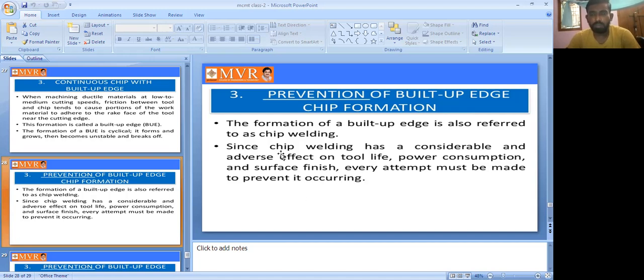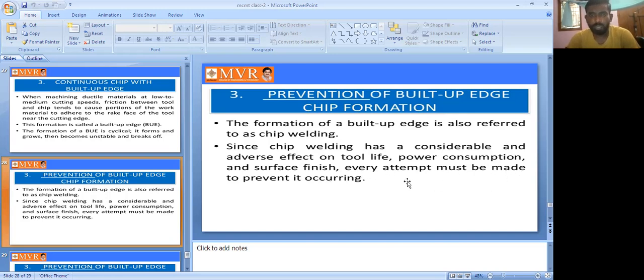So see here, these are some of the preventions for built-up edge chip formation. The formation of the built-up edge is also referred to as chip welding. That is the first point. Chip welding has a considerable and adverse effect on tool life, power consumption, and surface finishing.